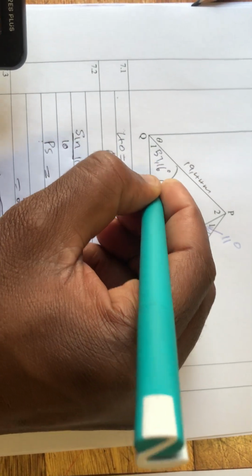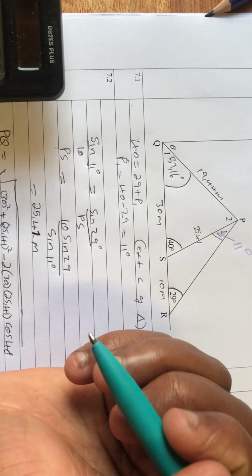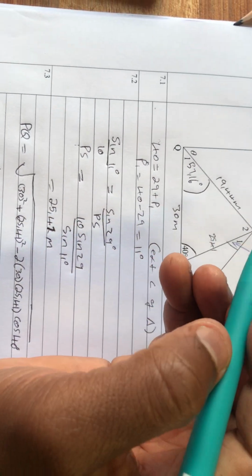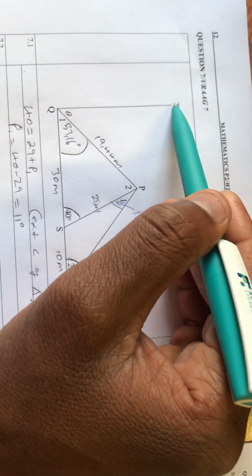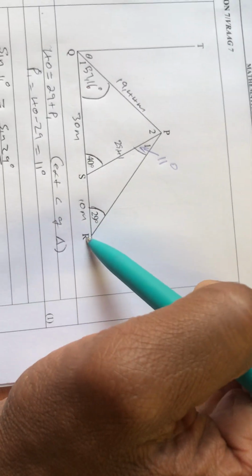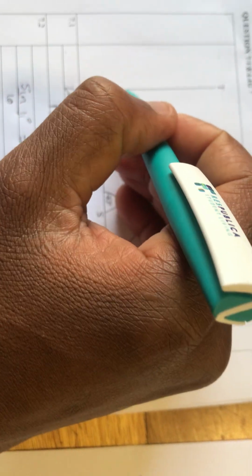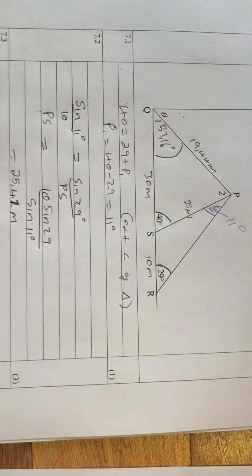So we know that this is 57,16 degrees. Now you can determine angle theta, since we're told that TQR equals 90 degrees. So these are complementary angles.